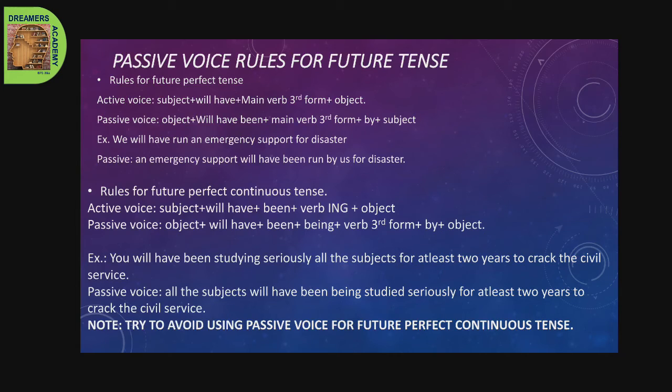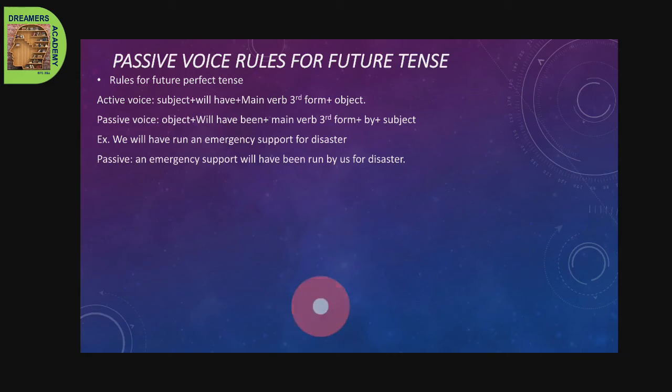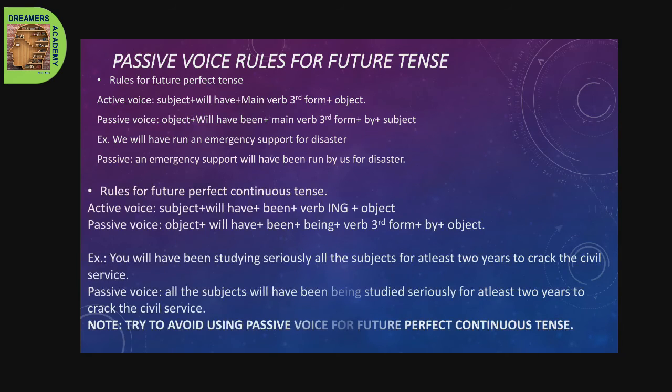So here, look at that: will have been is directly put in the passive voice, and as there is verb ing in the active, we use being and the third form of the verb.